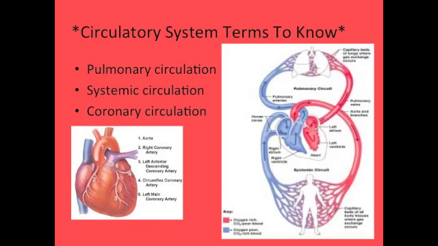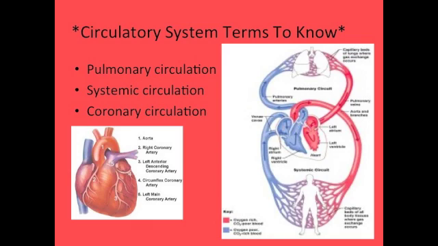There's also systematic circulation, which is circulation to and from the body. So we talked before also about how the heart pumped blood that had oxygen in it throughout the body and brought back blood that doesn't have as much oxygen in it from the body. That is the systematic circulation system.